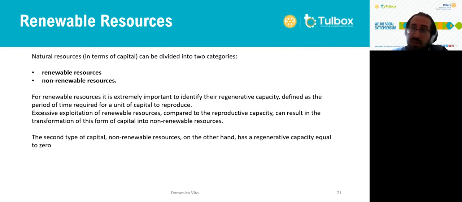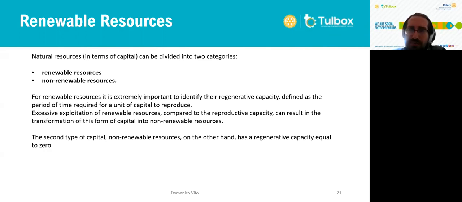Basically, the renewable resources are the ones that can be regenerated by nature itself through a certain process. Indeed, the non-renewable are the ones that are available as they are, without any possibility to regenerate. And of course, even an excessive exploitation of renewable resources can eventually lead to a non-renewable situation.